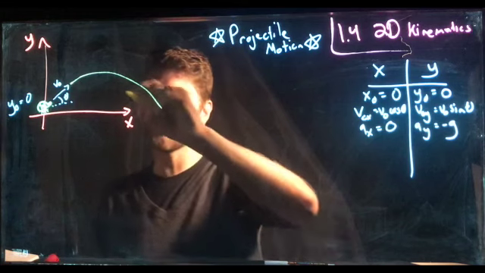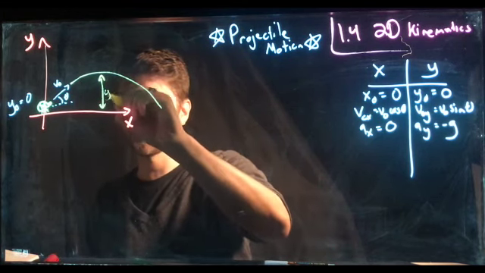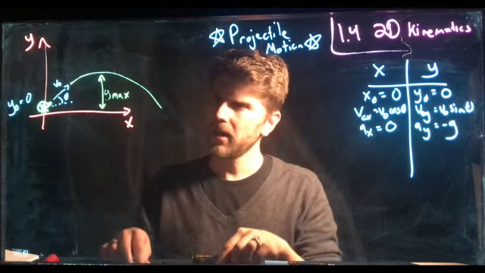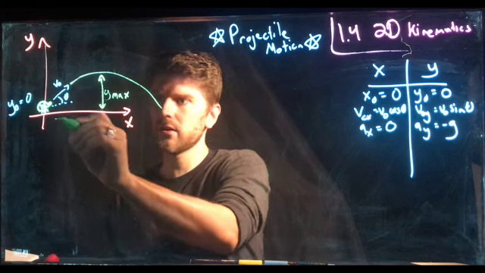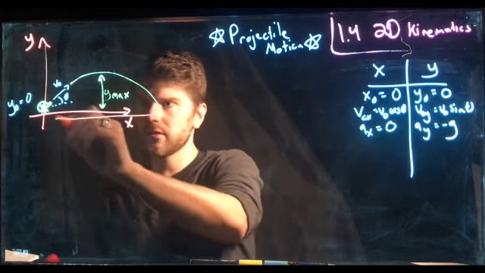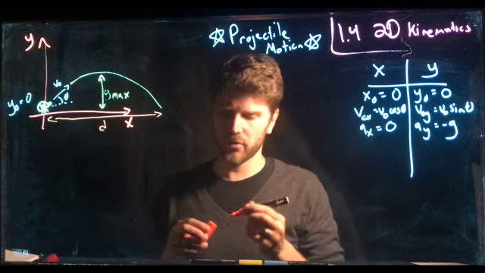Let's say we wanted to know how high, let's call this y max, how high is Spooky going to get? And then conversely, let's call this distance d: how far is Spooky going to go before she hits the ground?